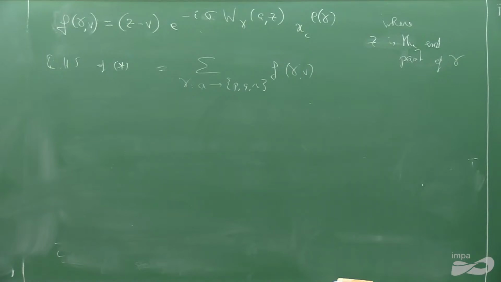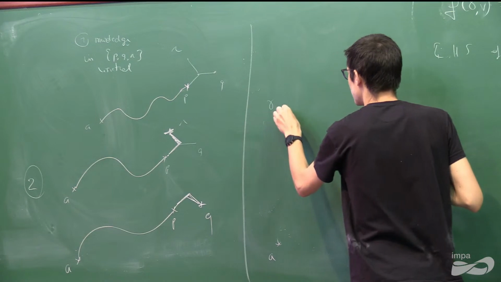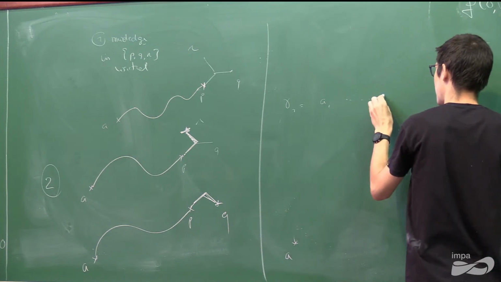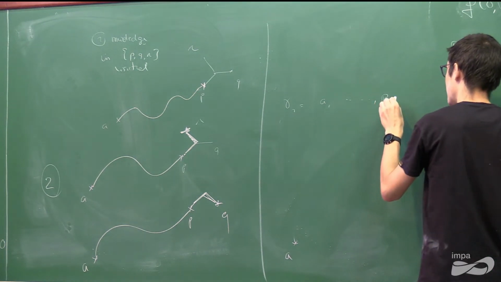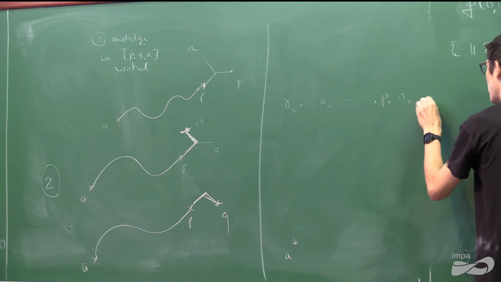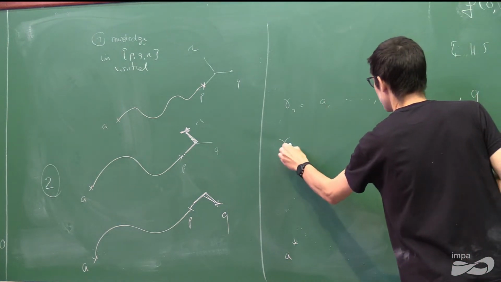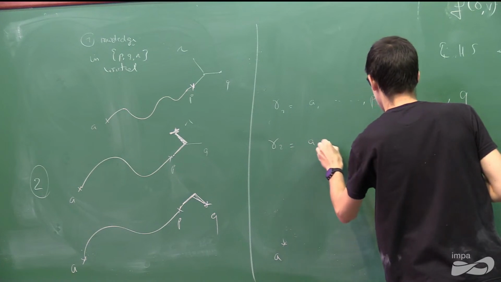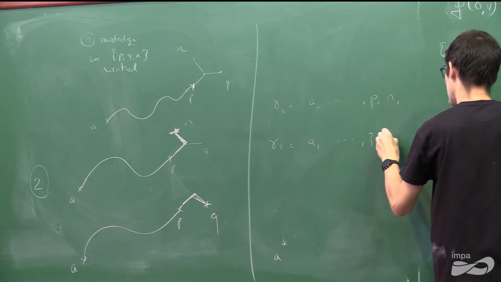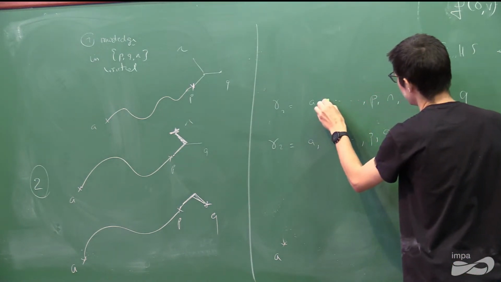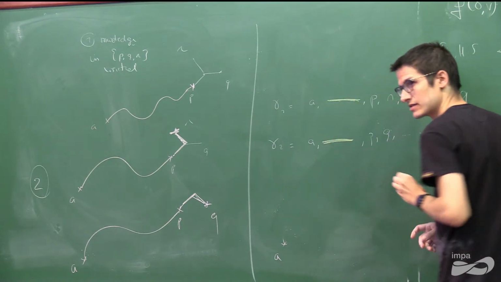What I'm proving exactly is that if I have two paths, gamma 1, which is A, P, R, Q, and gamma 2, which is equal to A, P, Q, R. What's really important is that here, this sequence and this sequence are the same.